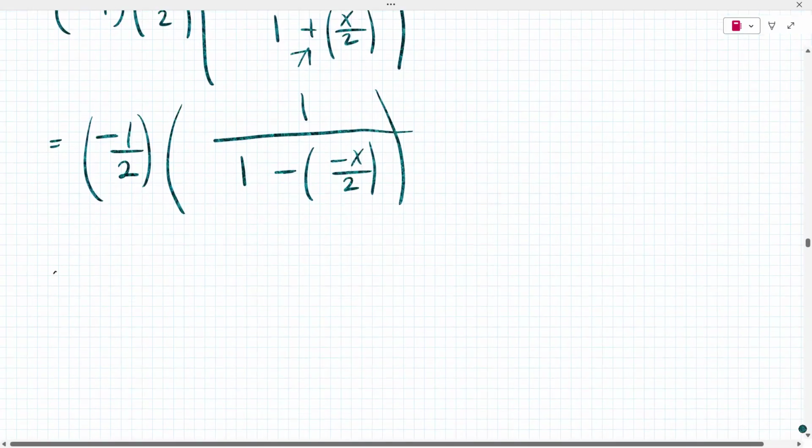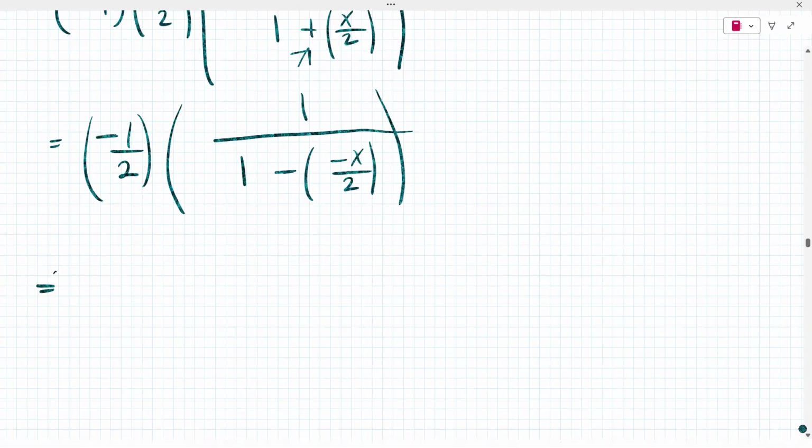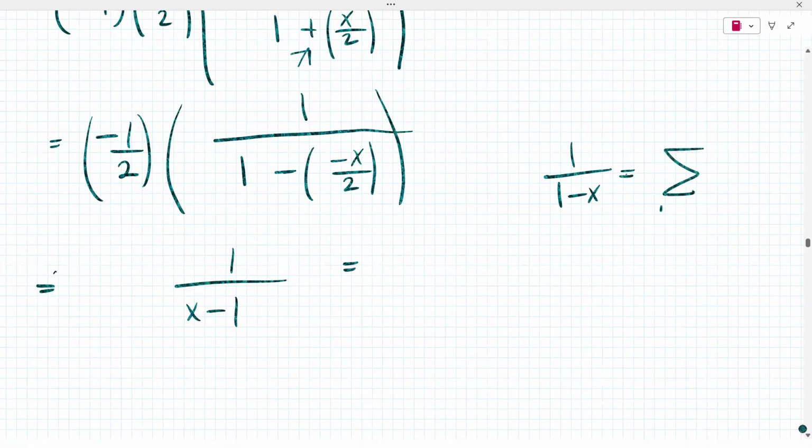So let's do the 1 over x minus 1. Somehow we have to make it look like 1 minus x, so that it equals the summation from n equals 0 to infinity of x to the n.